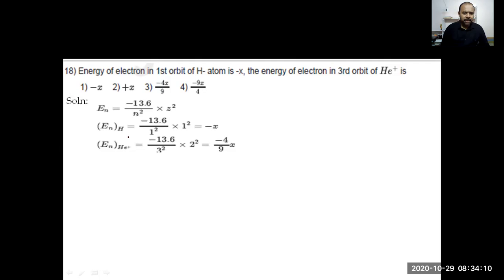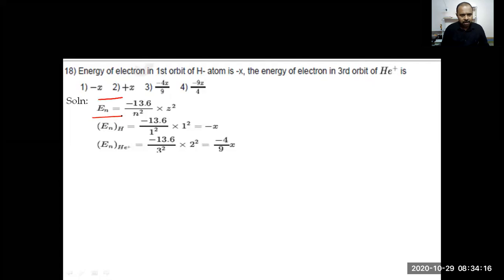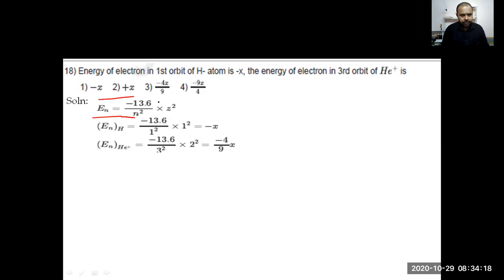See, we know this equation. As per Bohr's theory, energy of electron in nth orbit of hydrogen atom is this. En is equal to minus 13.6 electron volt Z square divided by n square. They have given the energy of electron in first orbit of hydrogen is minus x.